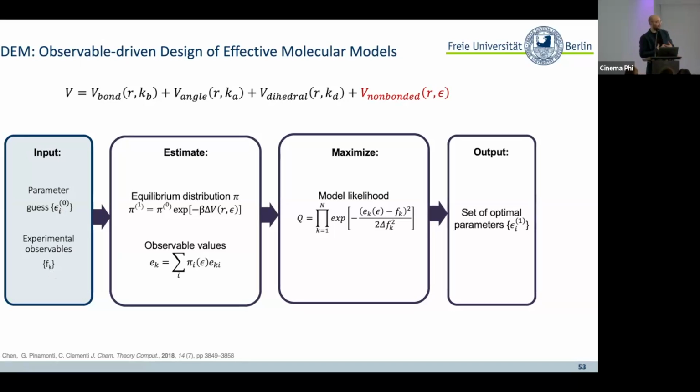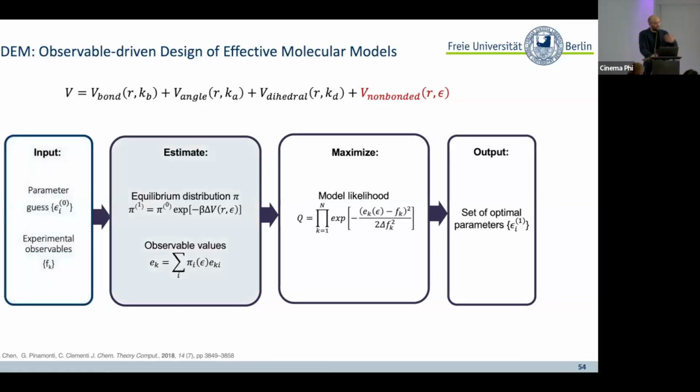This guess can be really a guess, or it can be something that we know from another model, like, I don't know, a bottom-up perspective, for example. So we train a model from a bottom-up perspective. We have a set of parameters. We initialize this model, and we want to optimize this model in order to reproduce experimental observables.